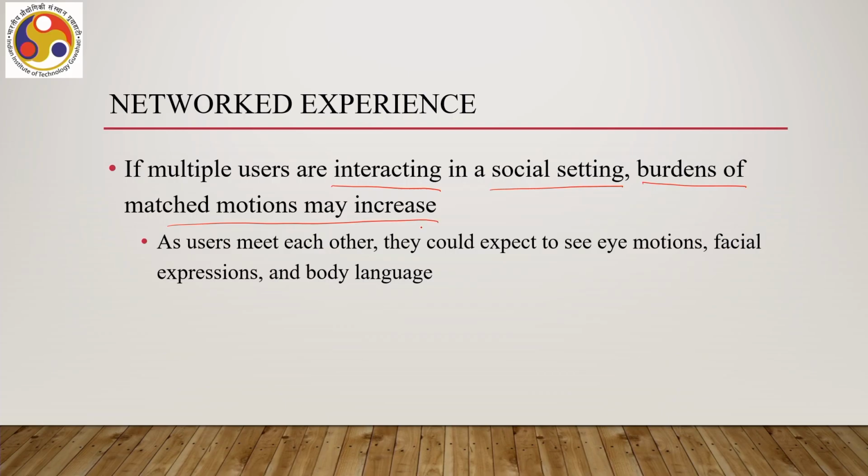That is, how do I take care of the matched motion when social interaction is important. As users meet each other, they could expect to see eye motions, facial expressions and body languages. So, the support that the VWG provides should support these type of activities in the virtual world when we are in a networked collaborative VR setting.